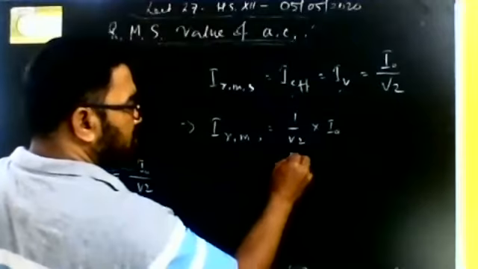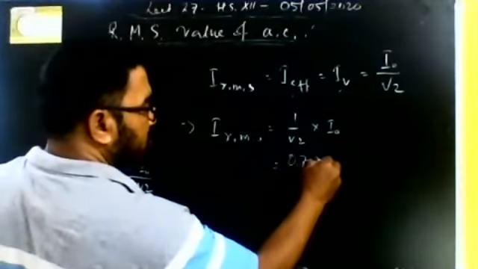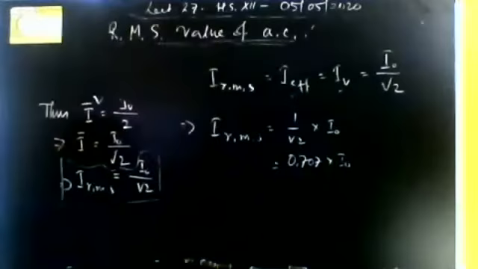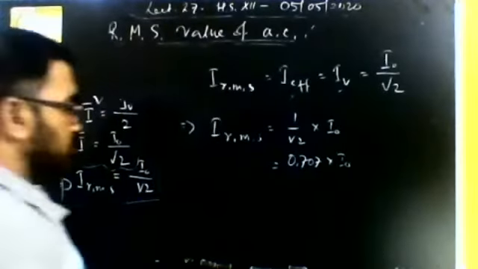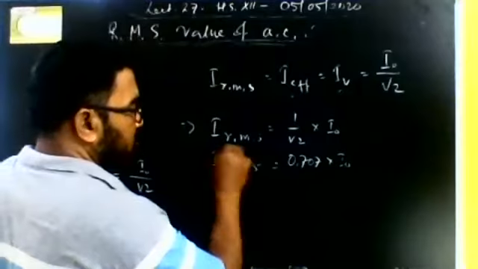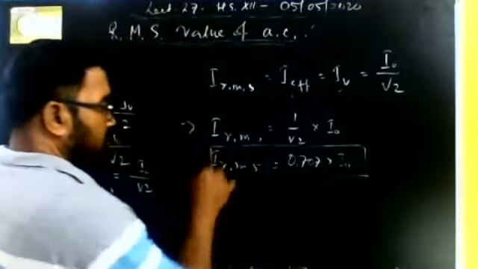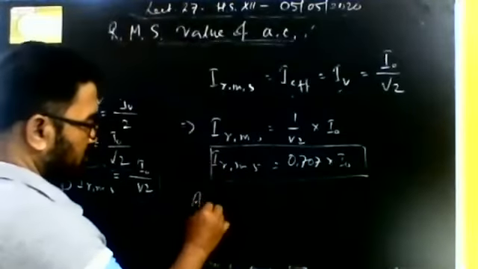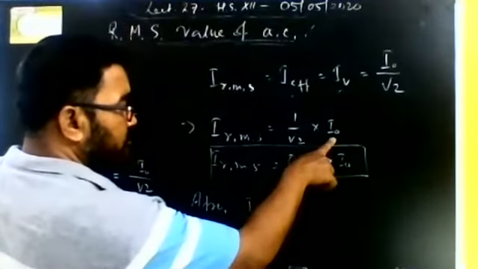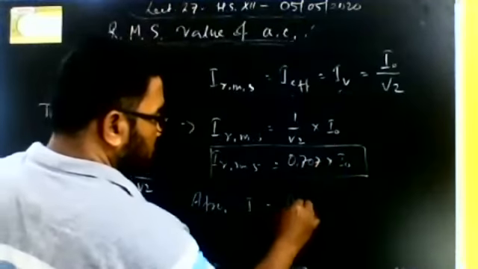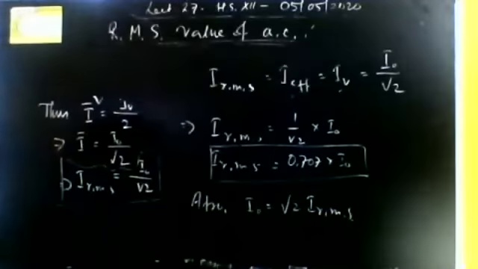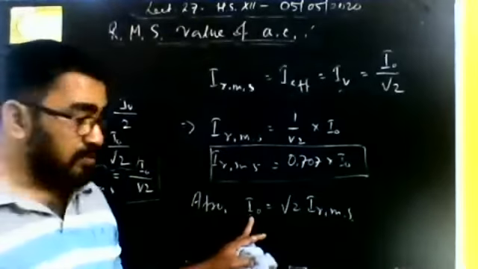So 1 by root 2 value is 0.707, into I naught. IRMS is equal to this. Also, if you want to find I naught, then I naught is root 2 IRMS, right? So that is the peak value of current.